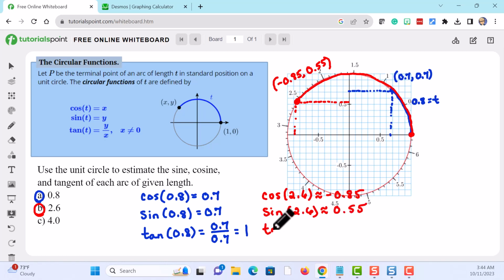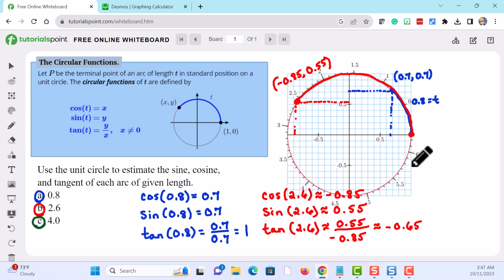And for the tangent of 2.6, we take the y-coordinate of the point, 0.55, and divide by the x-coordinate, negative 0.85, and that comes out to approximately negative 0.65. Pause the video and try part C on your own, and then we'll go through it together in just a moment.